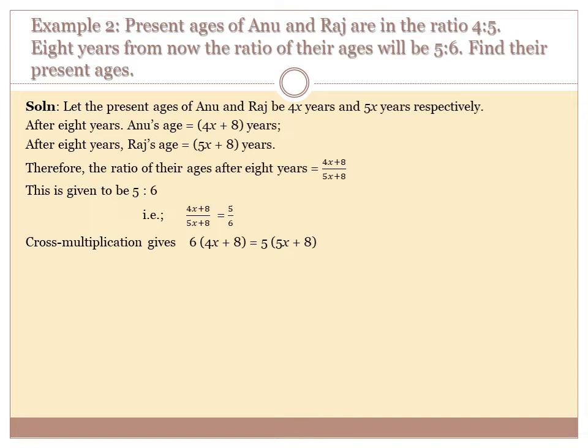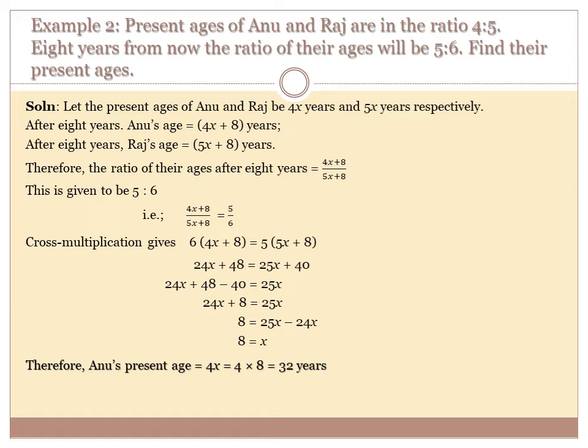By opening the bracket, you will get the linear form of the equation as 24x + 48 is equal to 25x + 40. We can transpose the variable to one side and we will get the value of x as 8. That is, the solution of this equation is 8.